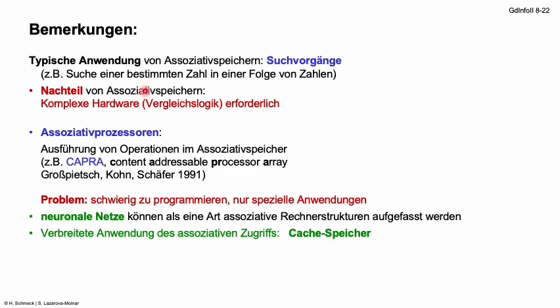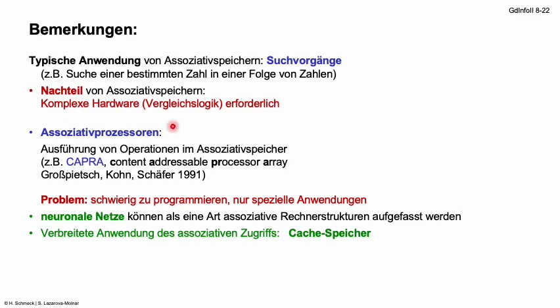So typical use of this associative memory is for searches. If you need to search for a specific number in a sequence of numbers, then you can use that. And of course, there are also disadvantages of using this memory, which is that we need complex hardware that contains some kind of comparison logic built in.